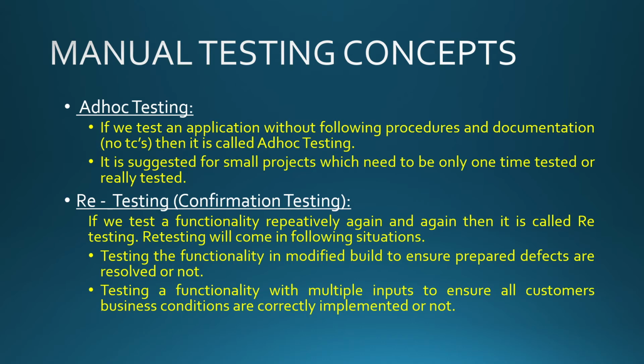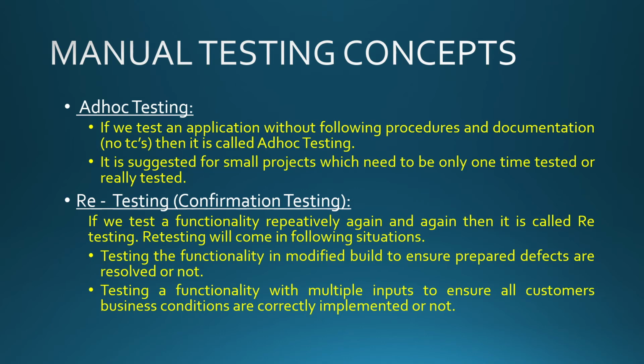Retesting will come in the following situations. The first situation is testing the functionality in a modified build to ensure reported defects are resolved or not. For example, I found some defects in the current build.